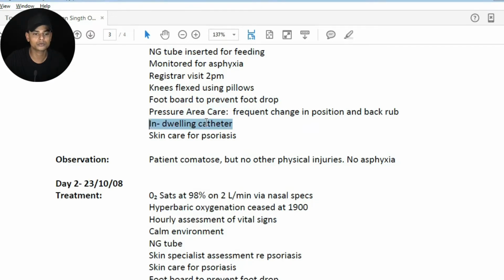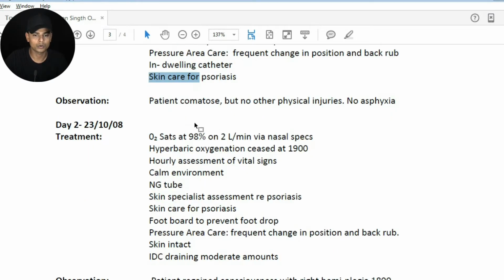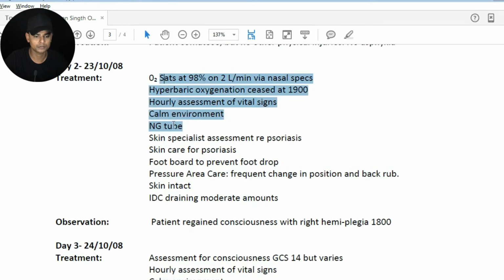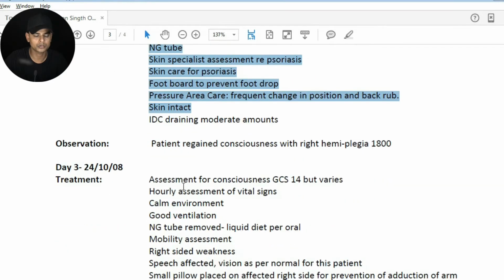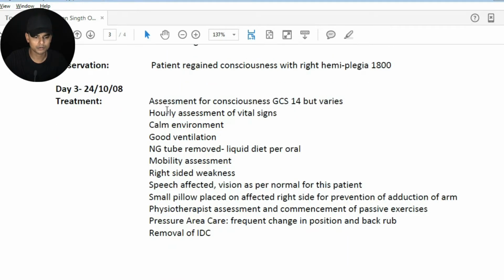Indwelling catheter was used. Skin care for psoriasis we have included that. All right. Then same here, repetition. We have mentioned a change here. He regained his consciousness with right hemiplegia. We have mentioned that. Other things are same here.